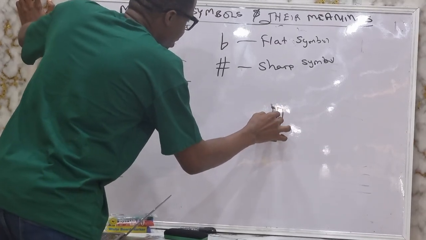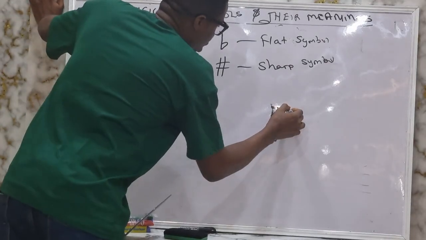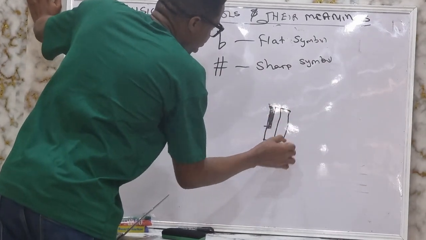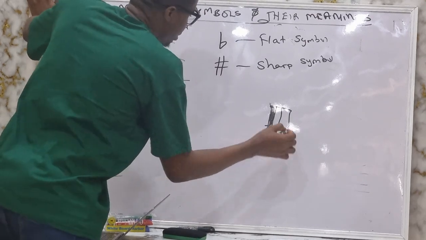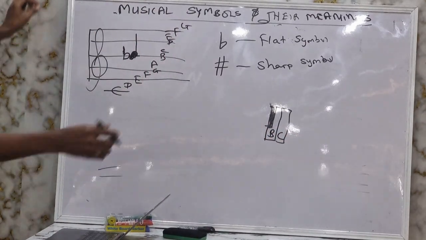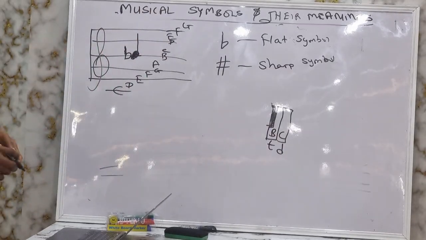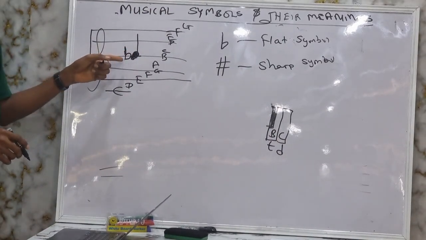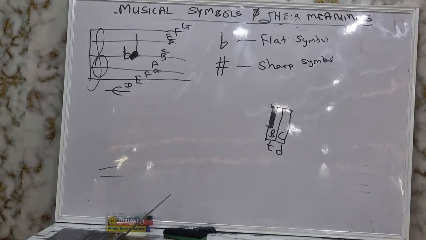If you are playing on the key of C, your C follows closely like this. So this is your C, and then this is your B. Are you getting me? So your C is your Do, your B is your Ti. And now, when you see a flat like this, it's telling you to go back by one semitone.